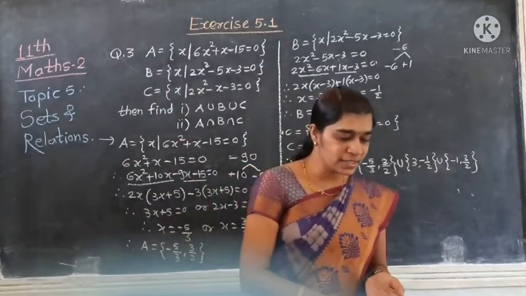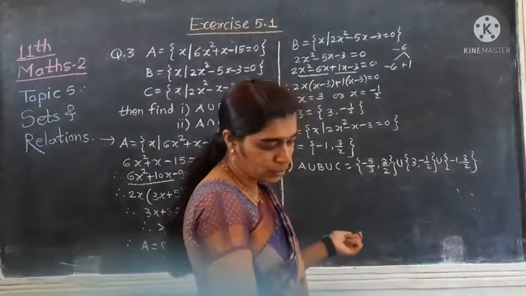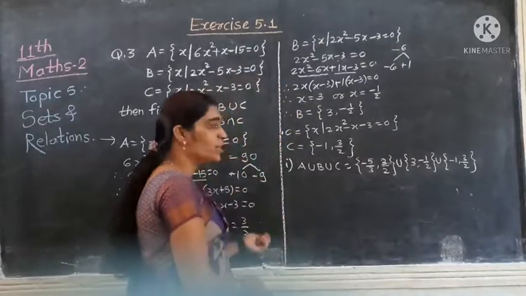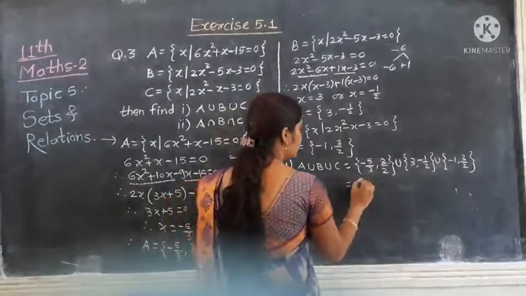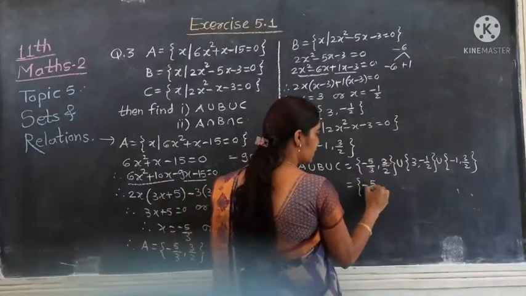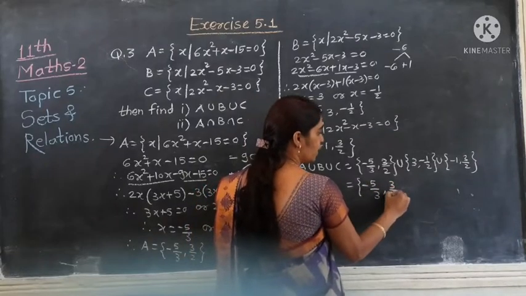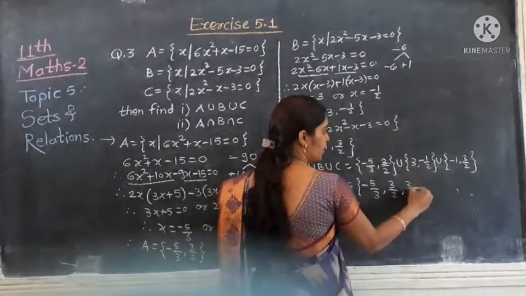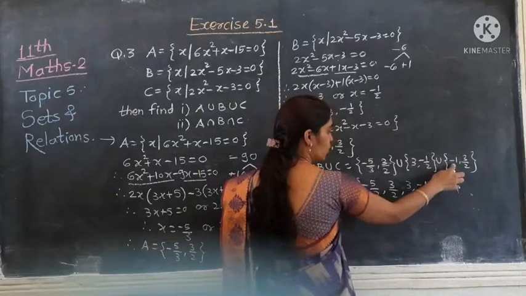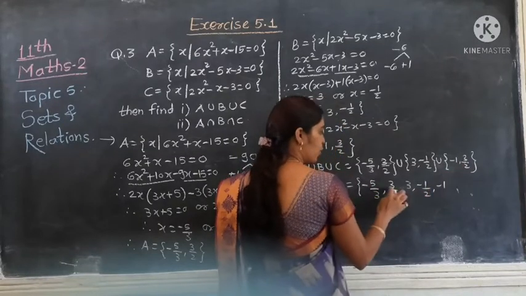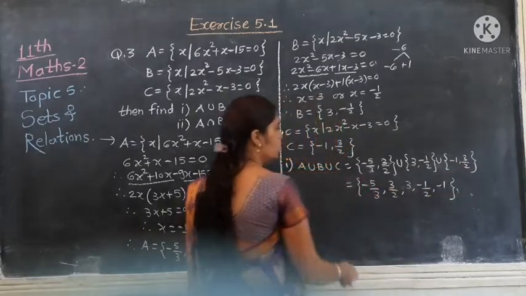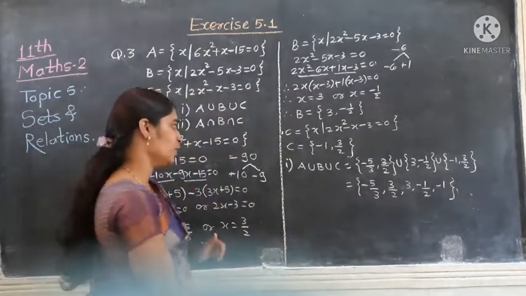You compare this, 3 upon 2, 3 upon 2, okay? What is the union of all these? See, you write first minus 5 upon 3, then 3 upon 2, 3, minus 1 upon 2, minus 1, and 3 upon 2 I have taken here. So union becomes this set, okay?